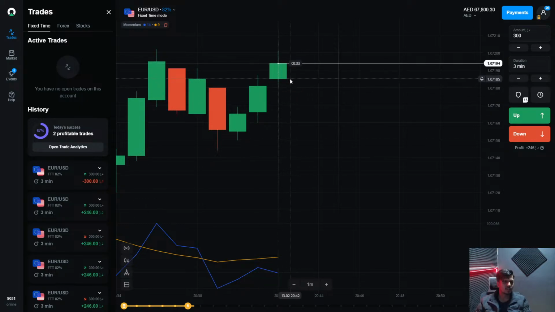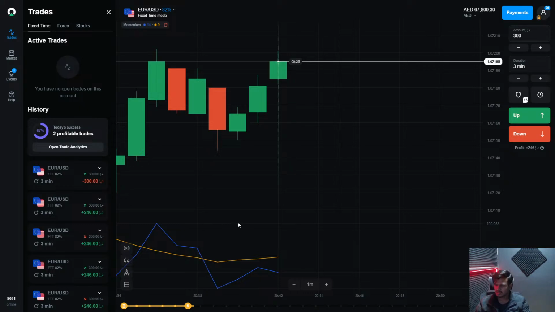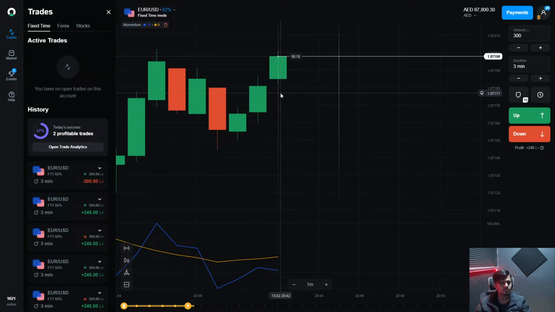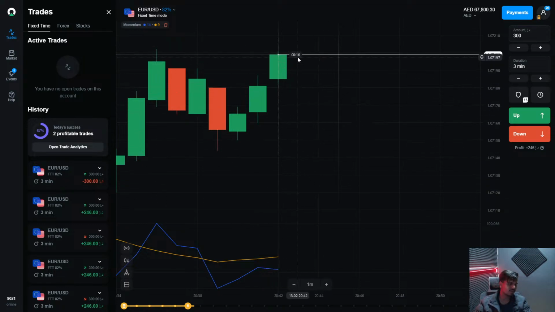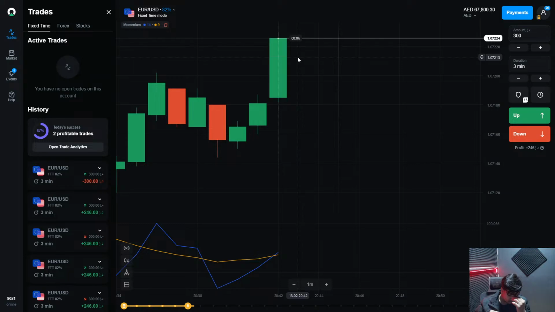When it comes back till here, then I will make a new trade. Or I can wait. Two things we can do here. We can make the trend in the upward direction because it reached too high.